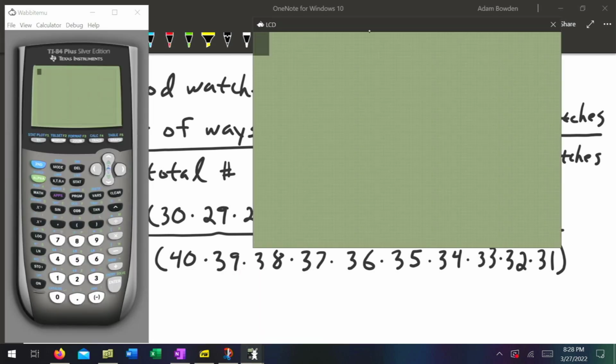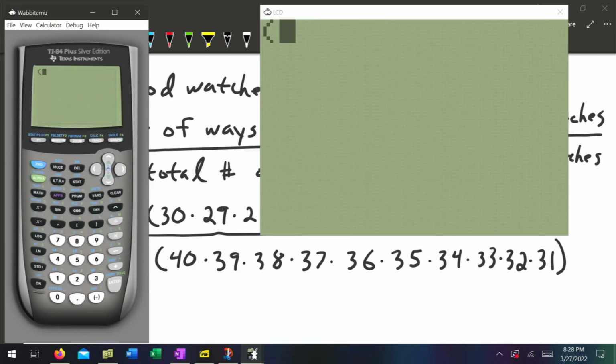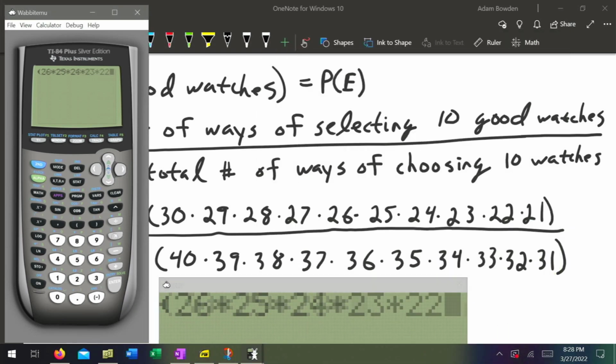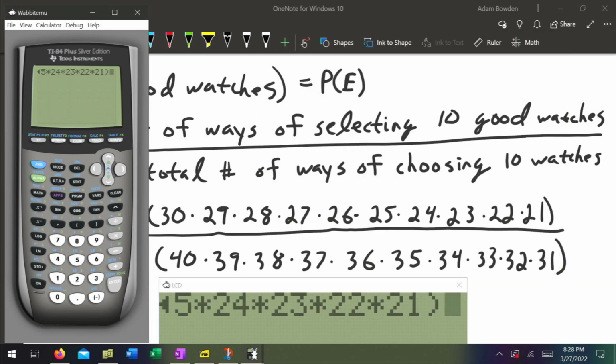So I'll plug it in. But when I do this, and you're doing this on your own, make sure to put parentheses around the numbers that are being multiplied together on top and bottom. So take the whole top, put it in parentheses. Take the whole bottom, put it in parentheses. So let me show you what that looks like here. So that's the top part done, divided by, now I'm going to plug in the bottom part.